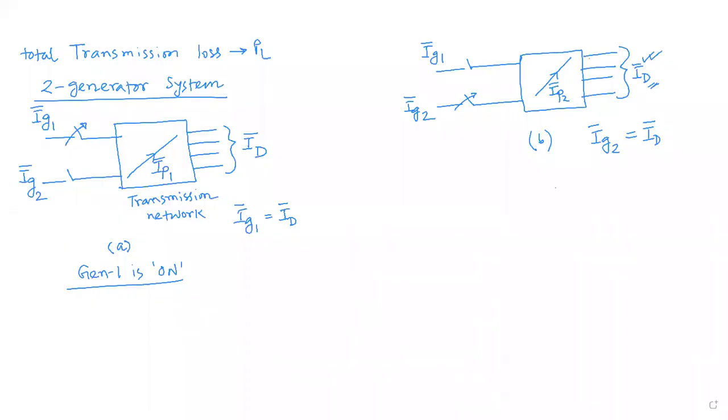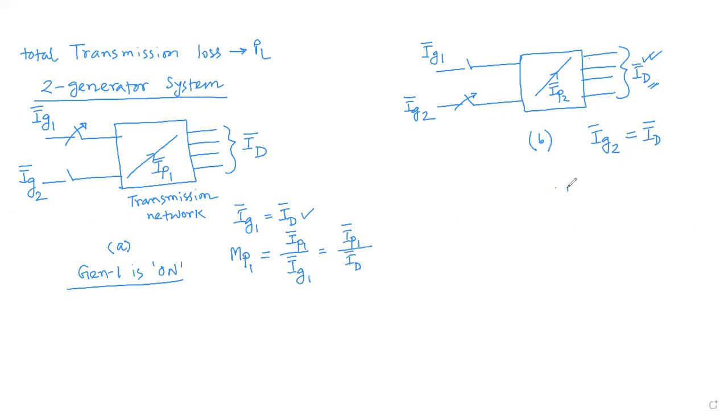Let's say we represent the proportion MP1, that is the current carried by the pth link, IP1, divided by the total current IG1, and because this relation is true, we can also write it as IP1 by ID.